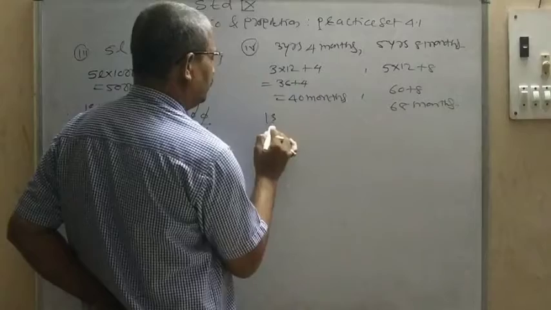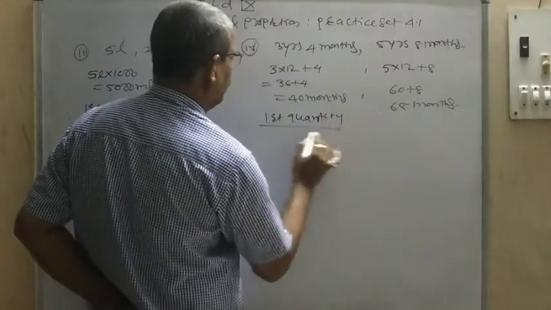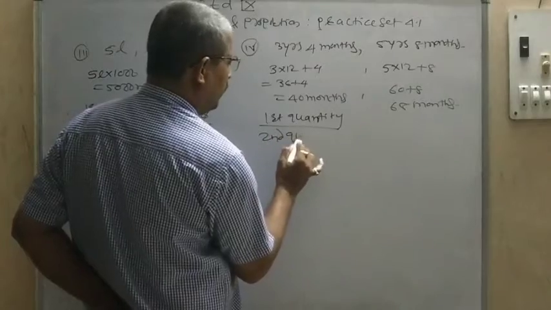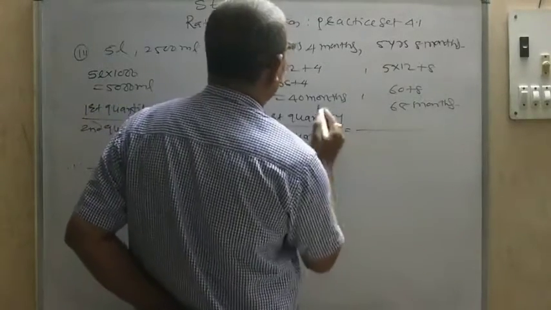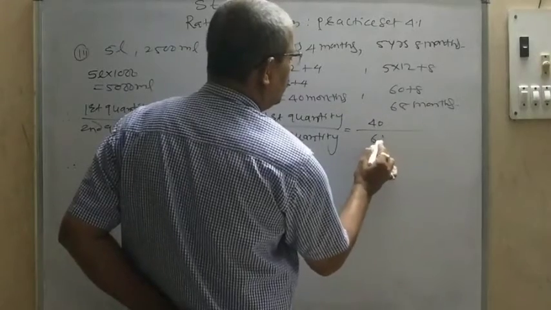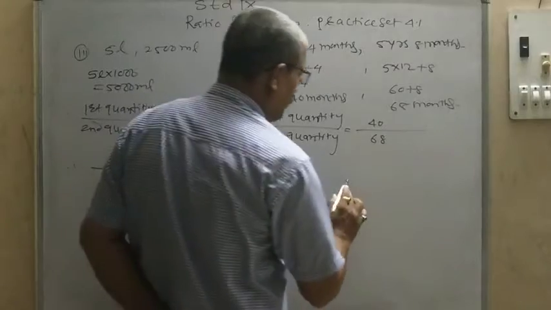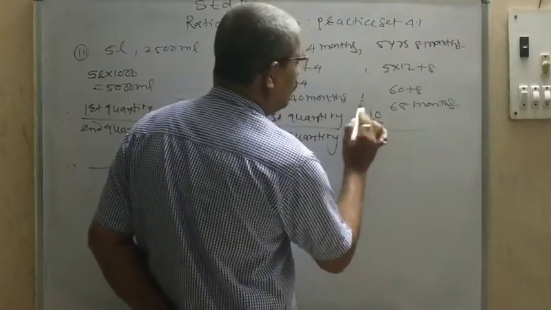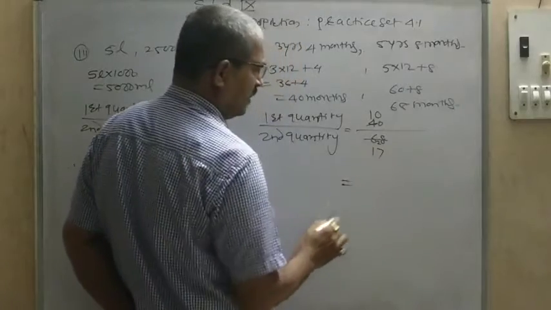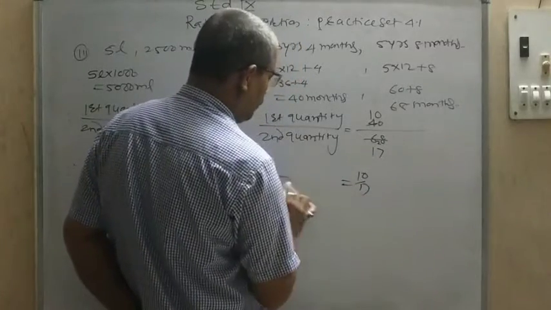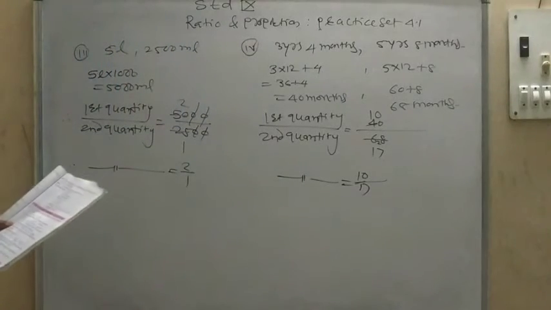Similarly, first quantity upon second quantity is equal to 40 upon 68. Now then what to do? Dividing by 4: 4 ones are 4, 4 zeros are 0, 4 ones are 4, 2 remainder, 4 sevens are 28, means 10 upon 17 is the answer.